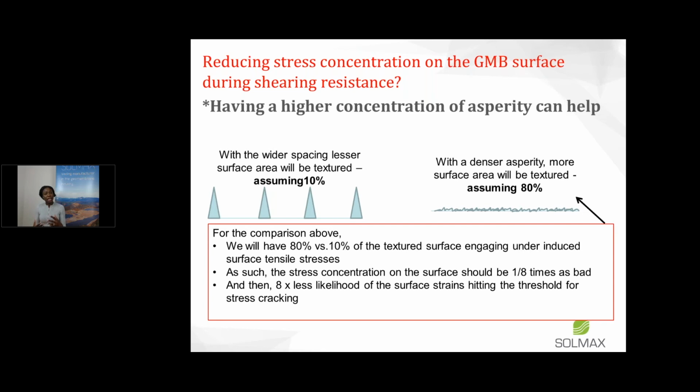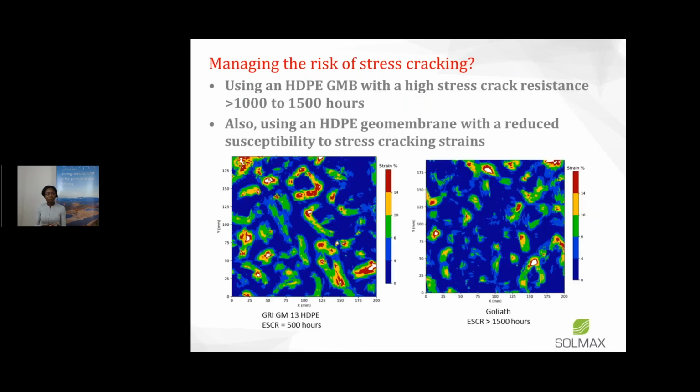So we can say that if the stress concentration is 1/8 times as bad, then we have about 8 times less likelihood of pushing that HDPE geomembrane surface into the threshold that would constitute stress crack, right? This analogy is just to say that to manage HDPE texturing, we probably need to increase the concentration of the asperity so that we have more surface area of the geomembrane carrying the load.